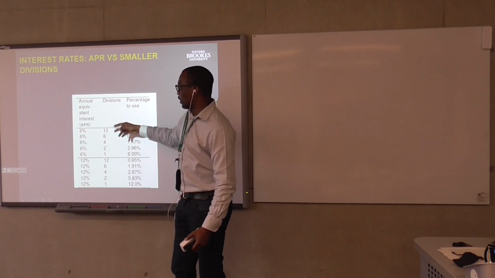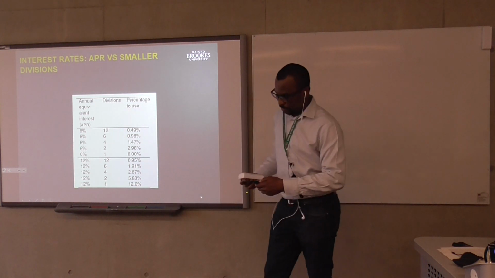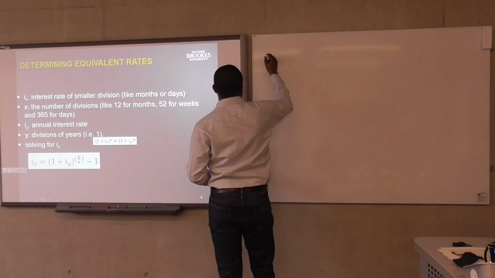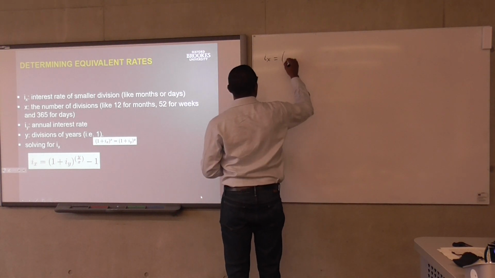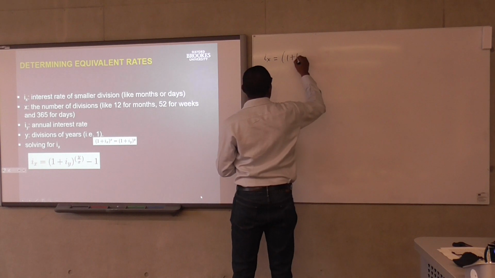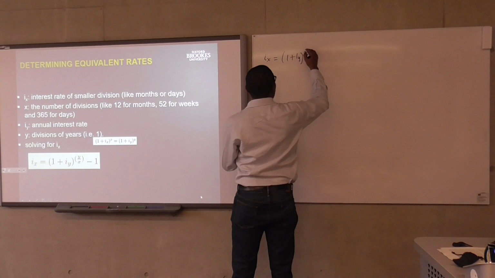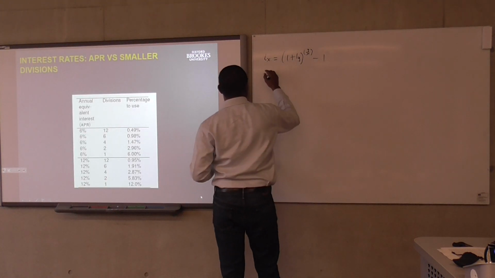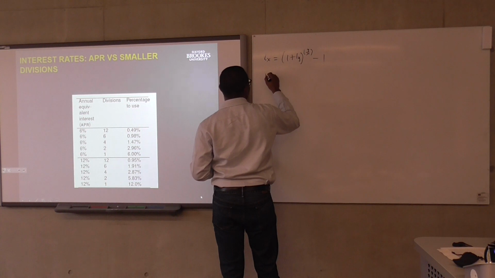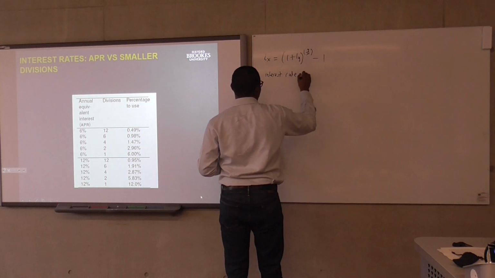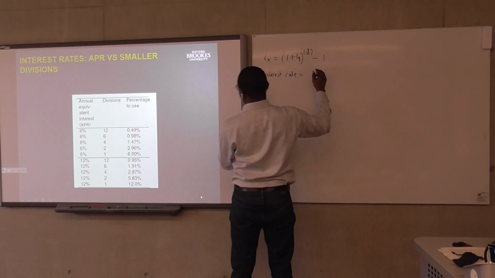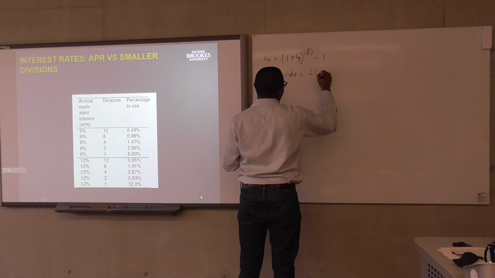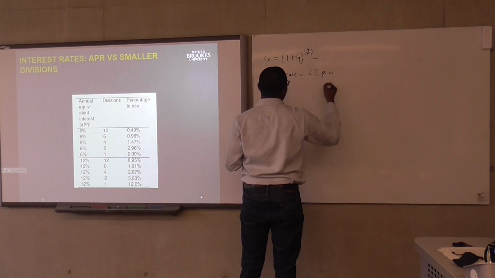So the percentage to use for that, if we were to go by that formula, which was i of x being equal to 1 plus i of y, so let's take the case of maybe assuming our interest rate is 6% per annum.